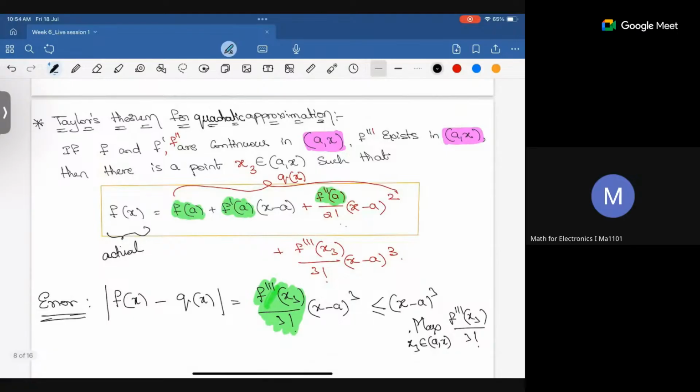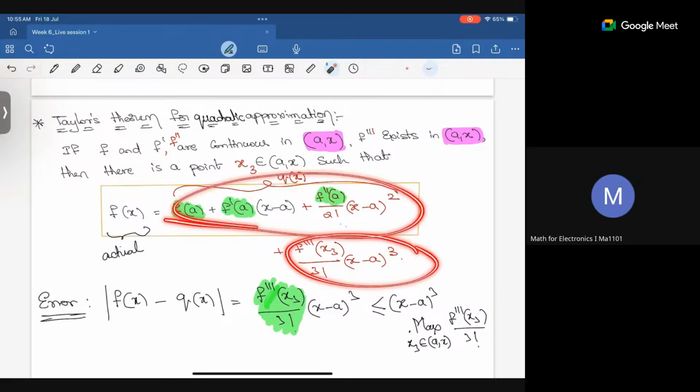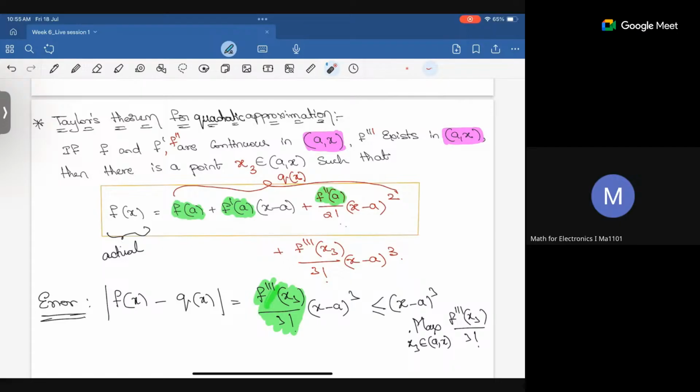So in quadratic approximation, what Taylor's theorem says is there is an approximation term plus there is an error term. If I am asking you to give me the approximation term, you should only pick this. It depends on the question. If I ask you for the approximation, you have to pick this. If I ask you error, you have to pick this. Or if I ask you the Taylor's expansion, then you have to give both.